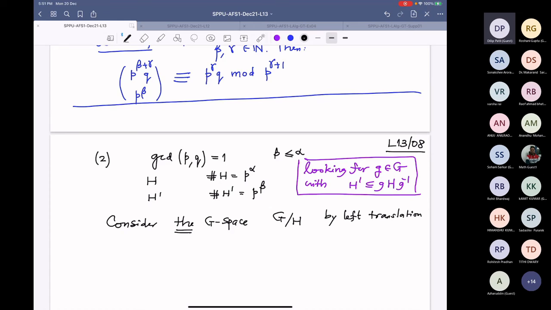And we know this is homogeneous. This has only one orbit. This action is transitive. That we have studied.